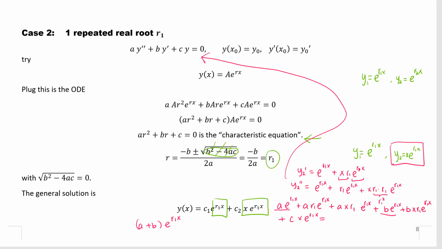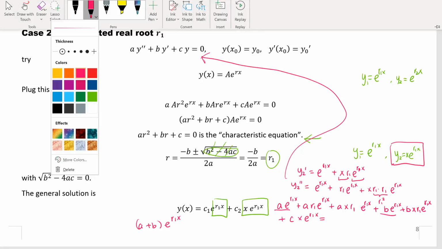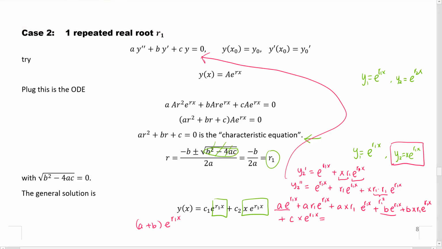And then what's the next term? Let me change the color to indicate. So next term we have the x, right? Let me see. Do I forget something? All right.